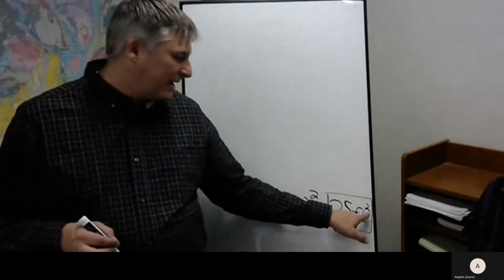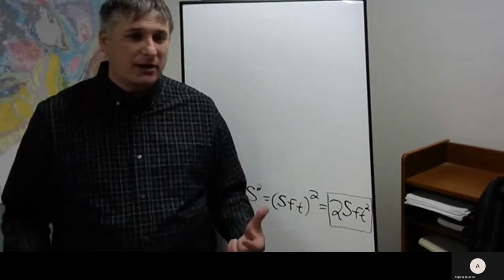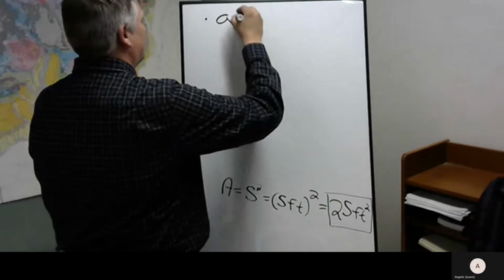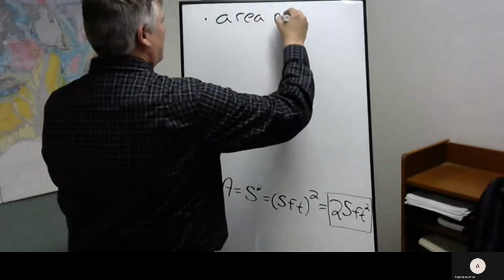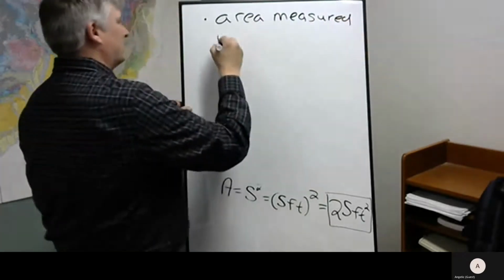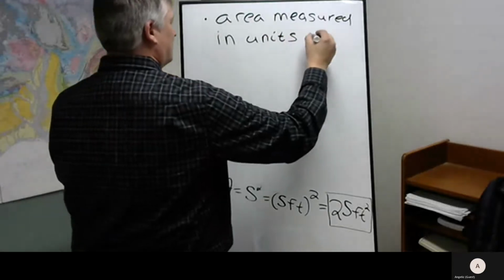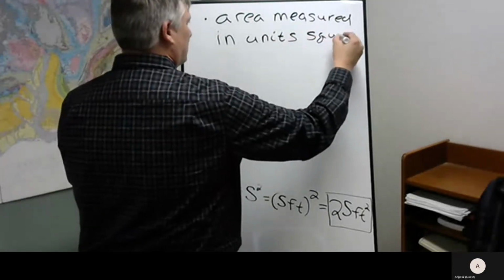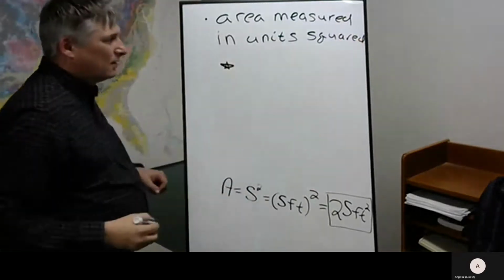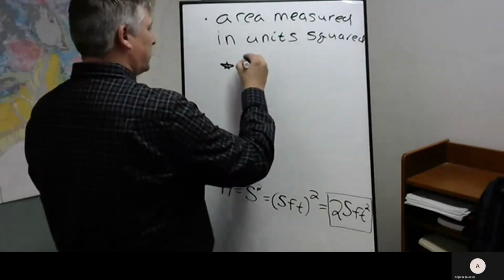Now, I've got this little 2 here when we measure area in units squared, but oftentimes we'll see it written as square units.